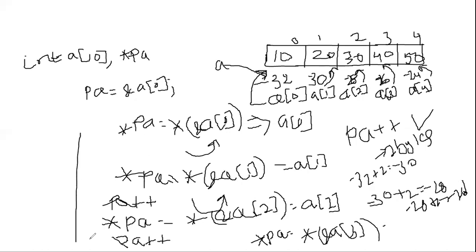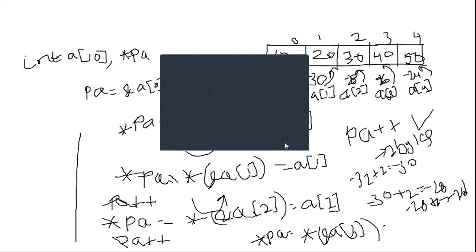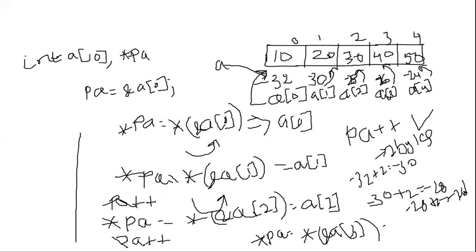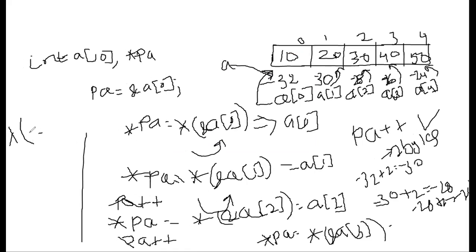Now again PA plus plus. So you will get star of ampersand a of 4. Okay, so this is equal to a of 4.